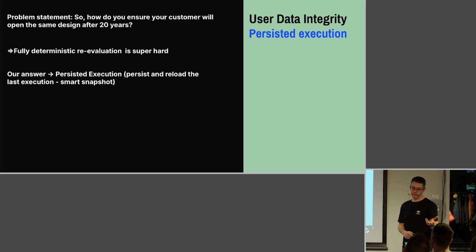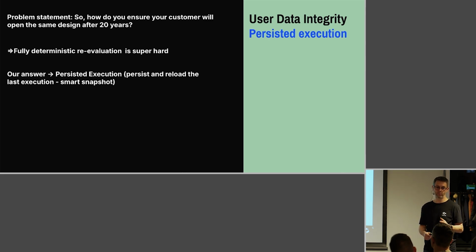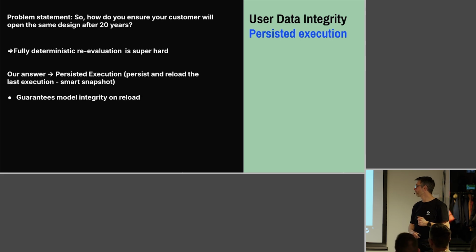So we came up with an answer which was persisted execution, meaning that we actually persisted and reloaded the whole model. Every modeling operation was persisted to the disk, and we were able to reload it upon load. You can imagine that like a smart snapshotting of the workspace.